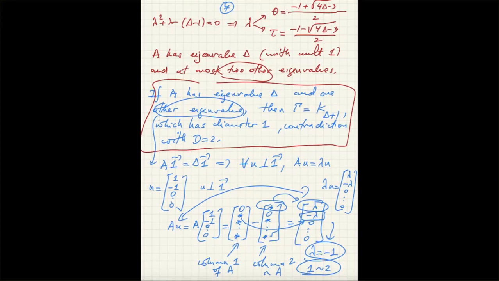Delta and both theta and tau that are listed on the top are going to appear as eigenvalues. We could have seen this in a different way, but just in case there are questions, I think it explains it fairly well.